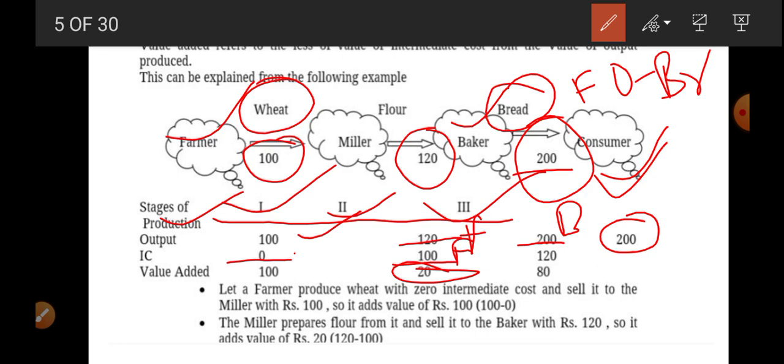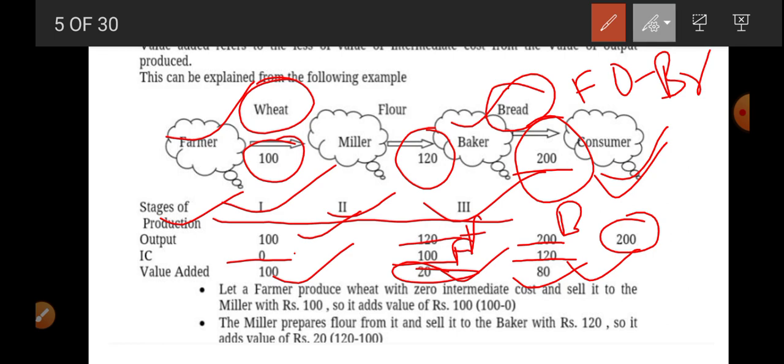Okay, now if I talk about the baker, he purchased the flour at 120. So this is the intermediate consumption, the cost of intermediate input. Now he sells the bread at 200, that is, he added 80 rupees. So you can see that the farmer added 100 rupees, the flour mill added 20 rupees, and the baker added 80 rupees.